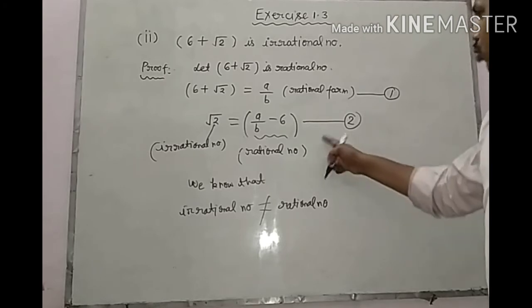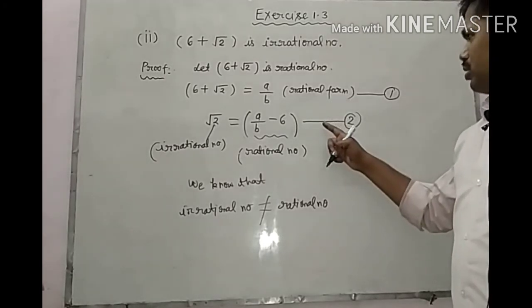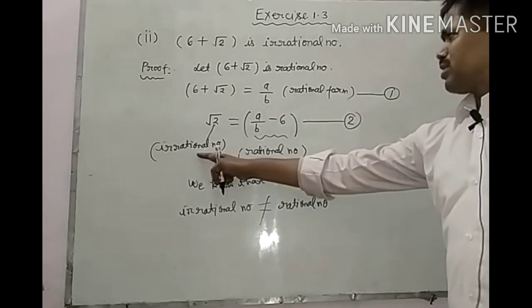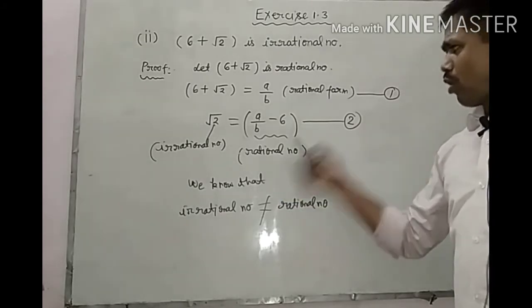Hence equation 2, which says an irrational number equals a rational number, will be wrong.